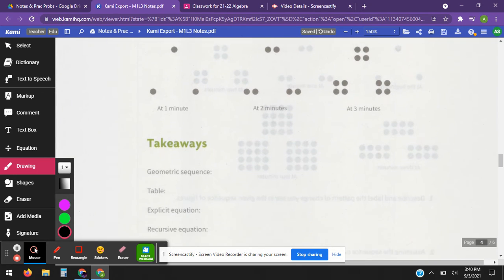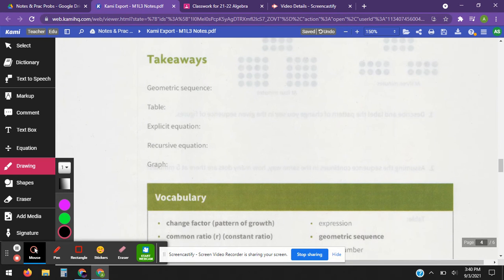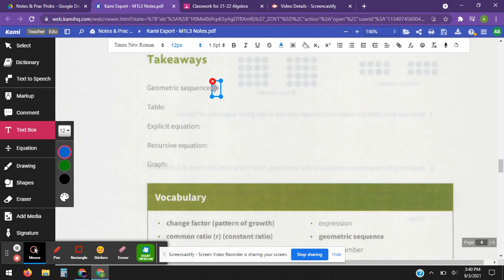I'm going to skip the ready for more on this one and go jump to the takeaways, and then we'll come back. So our takeaways for this specific one, let me go back here. Geometric sequence. What is that?